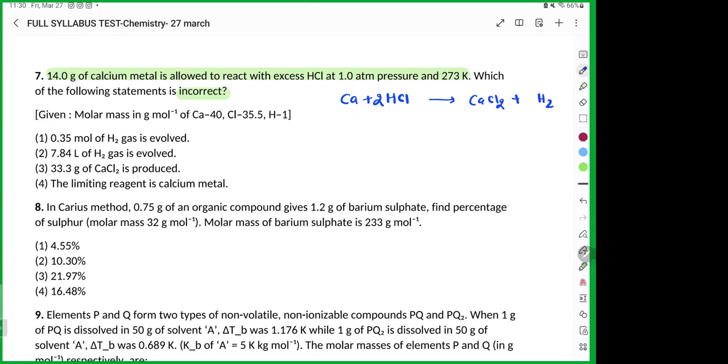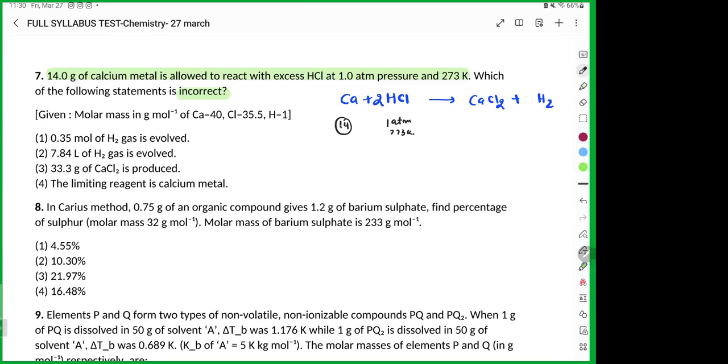This is saying कि 14 gram of calcium is allowed to react at 1 atmospheric pressure and 273 Kelvin, standard temperature and pressure. Correct? So what is incorrect?